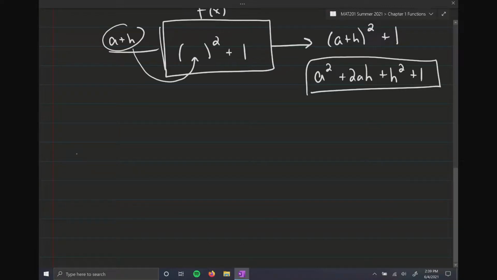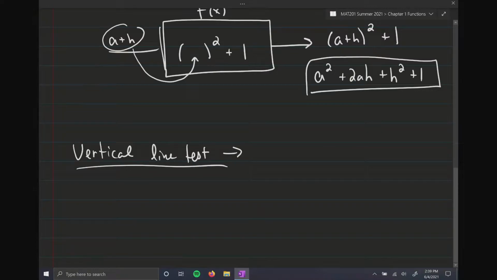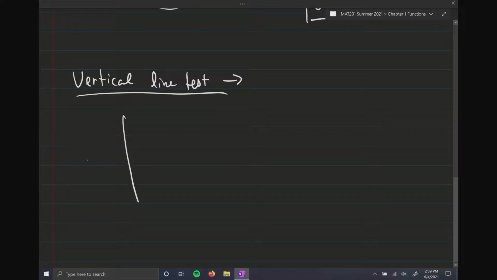So one of the ways that we can identify functions is by the vertical line test. So the vertical line test is actually very simple, okay? Basically what it is that when you go ahead and you have a function graph, so let's say we have a circle here, okay? And what I'm asking you is, is this graph a function? You would use the vertical line test.